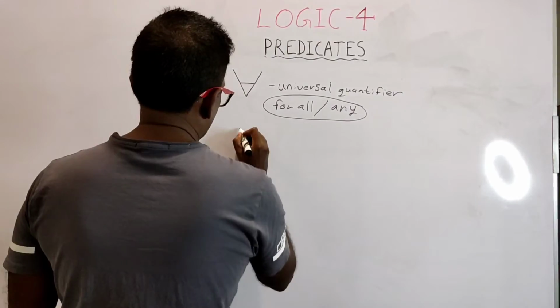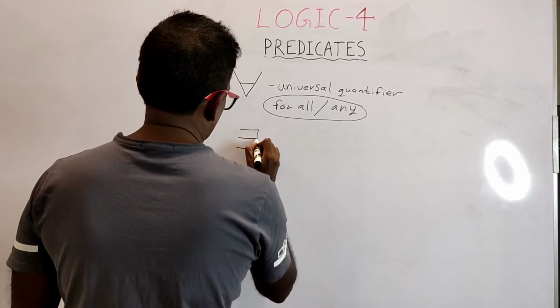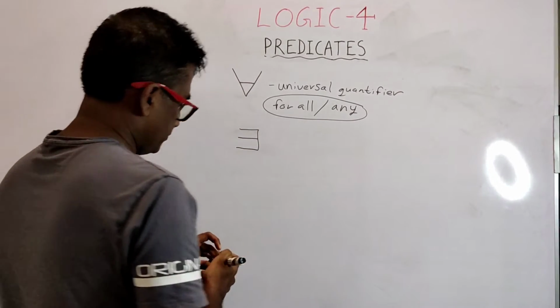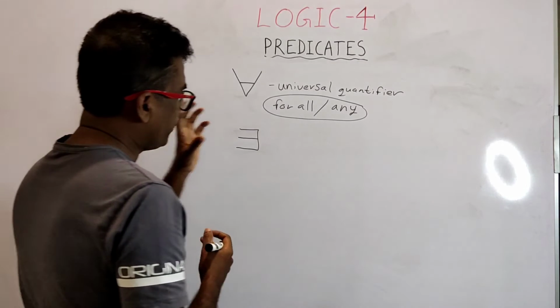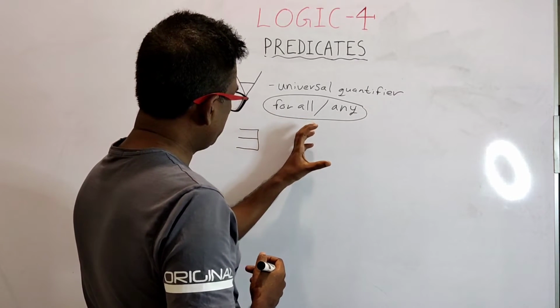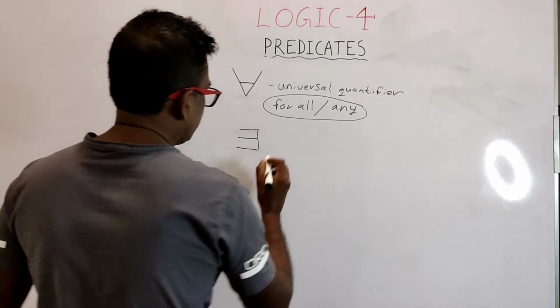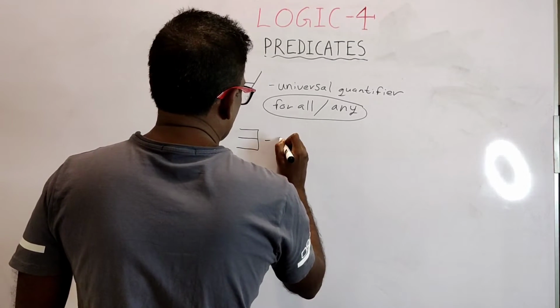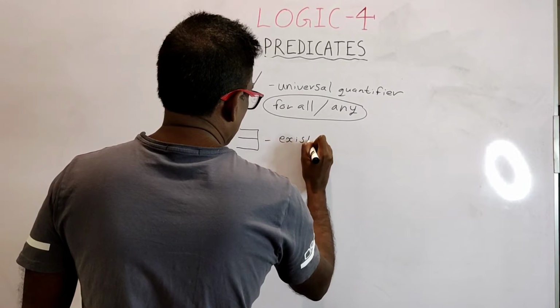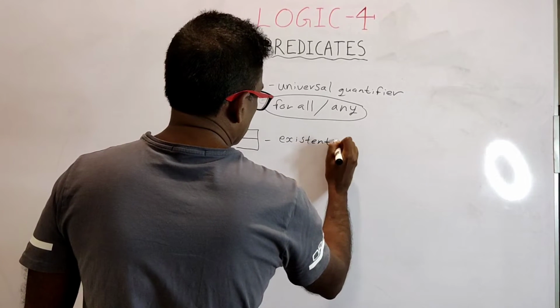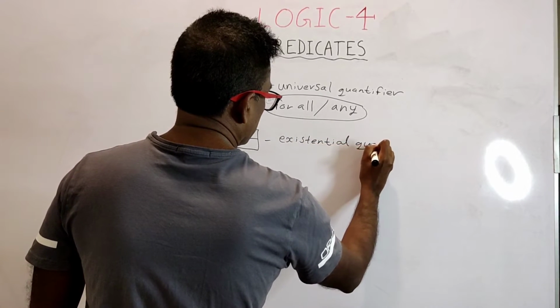Okay? Now there is this other symbol, which is somewhat like the uppercase letter E being flipped 180 degrees horizontally. Now this is called the existential quantifier.